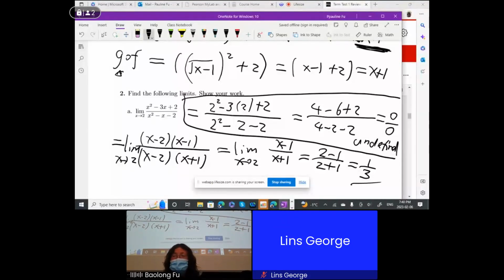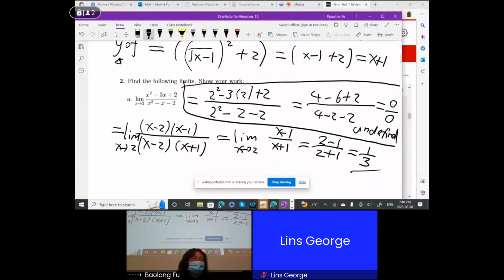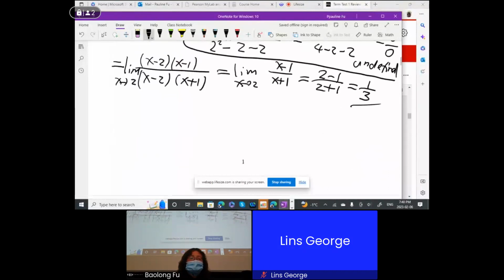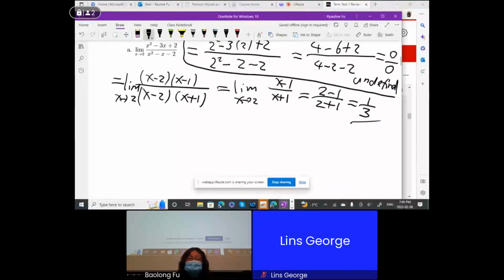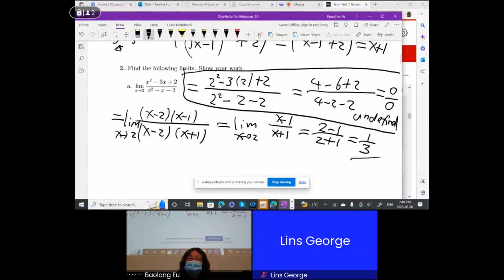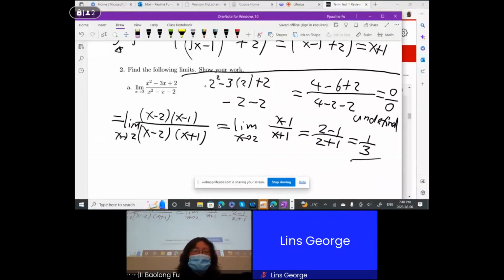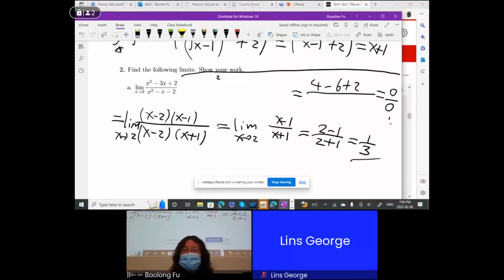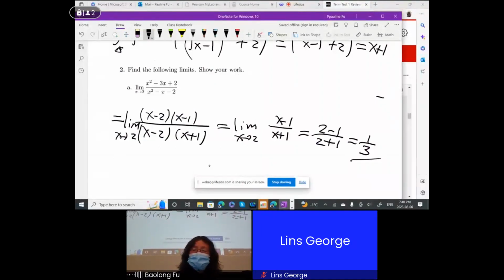See, our final result is 1 over 3. You need to explore other ways. Directly plugging in does not work. Other questions? Do you have to show that it's undefined? Oh, when you do your work, you don't need to do this part. You just do this part on the side. You just need to show this part. Thank you.